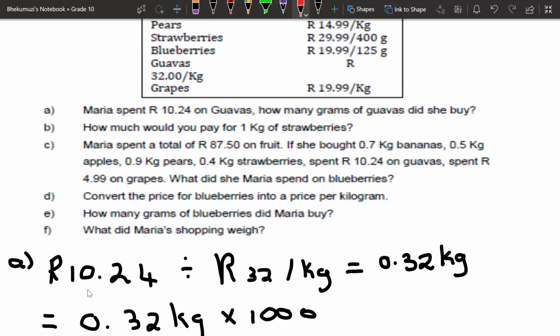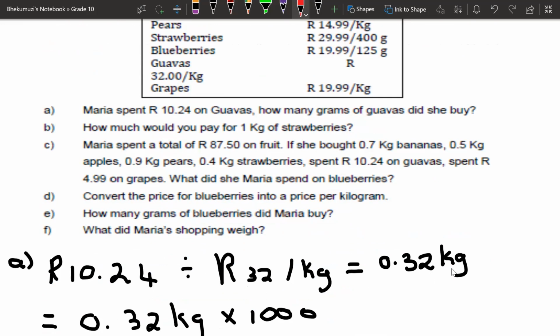So the first thing that you notice is that, okay, to change this amount of money into a weight, right? We would divide and say, okay, 10 Rand 24 cents divided by 32 per kilogram. We will cancel out the rands, and then we'll leave 0.32 kilograms, right?